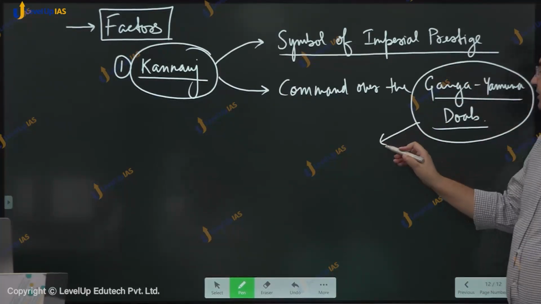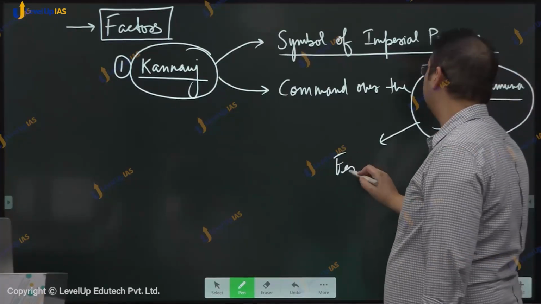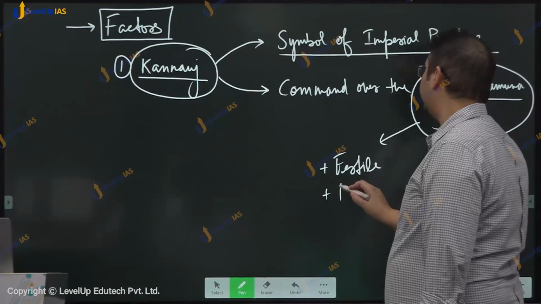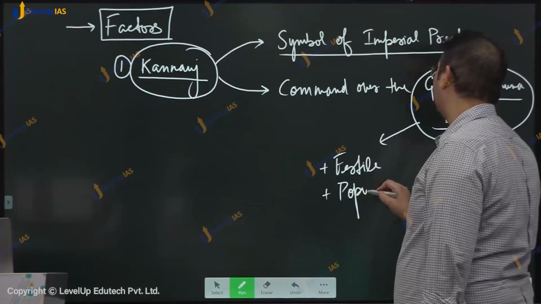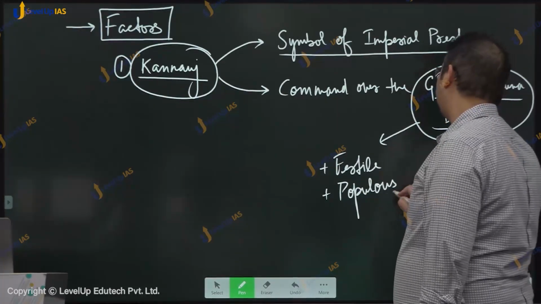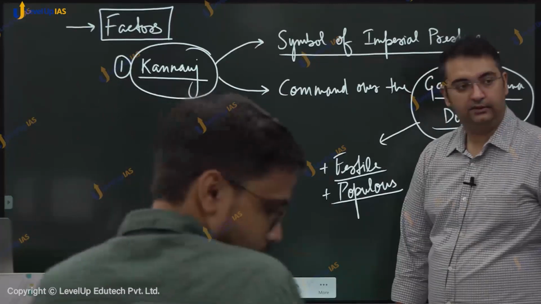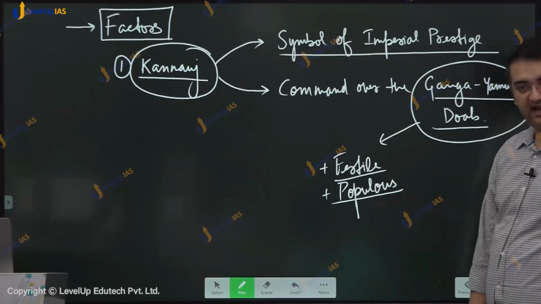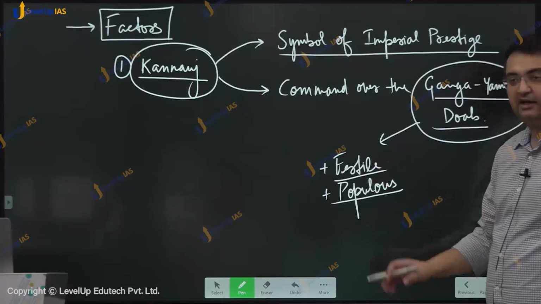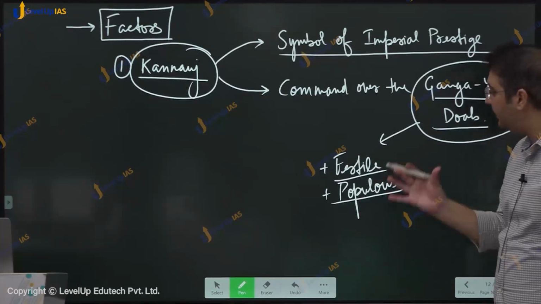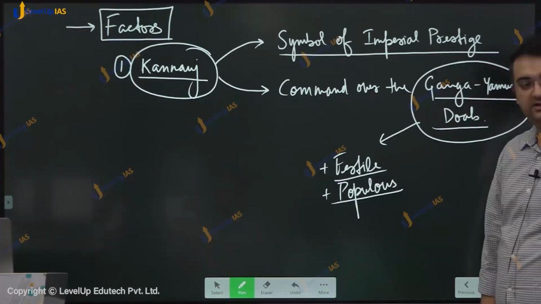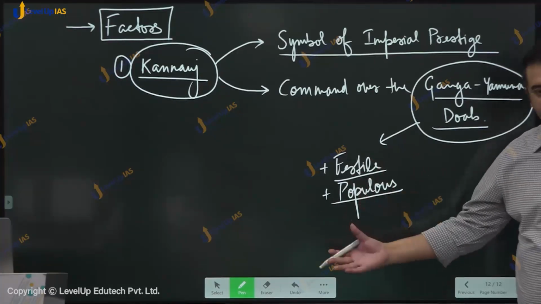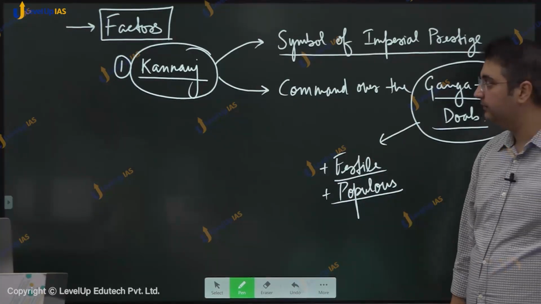It is extremely fertile as well as extremely populous, right? So that means it had a large tax base as well, and it was generating a huge amount of surplus. Any power who controlled the Ganga Yamuna Doab region would enjoy all the economic benefits arising out of it.